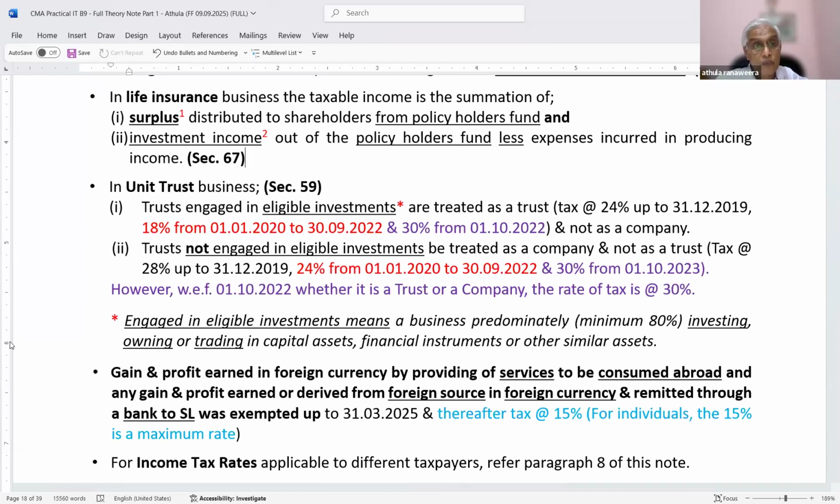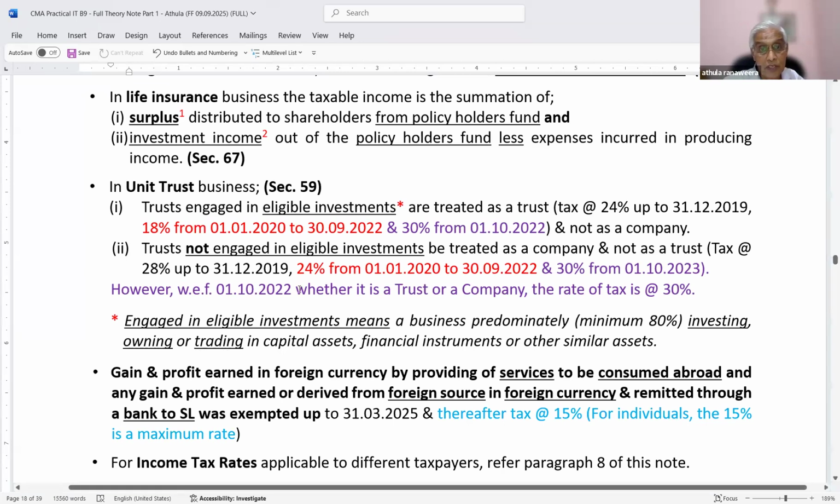Right. Now, the unit trust is a pool of our money. Therefore, originally, the government gave a lower tax rate for them. But subsequently, they changed it. Now, no lower tax rate. Even for unit trust, the 30% standard tax rate applies.